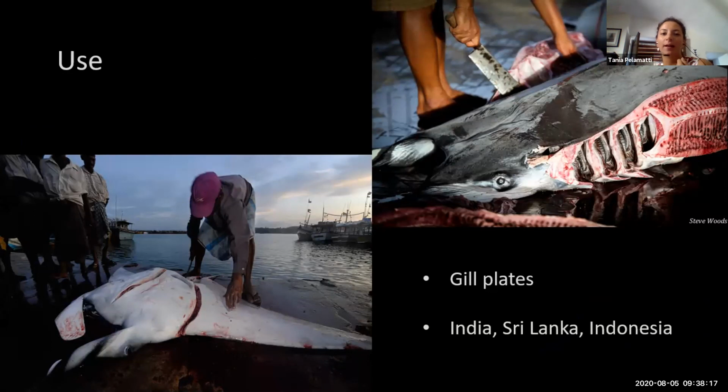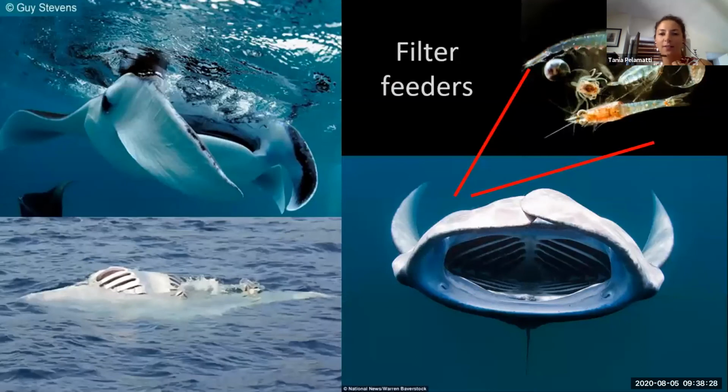And so they are used even if there is actually no scientific proof of that, but they are used in traditional medicine in Asia. But in fact, their gill plates are used by the mantas for filtering the ocean.